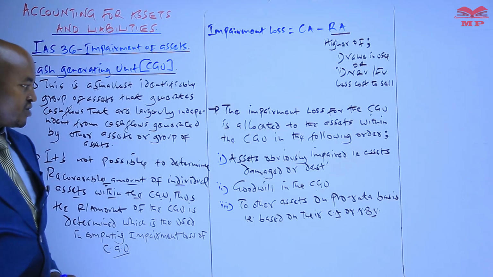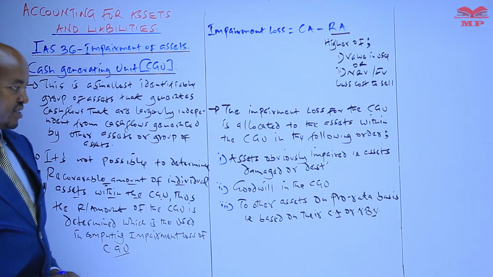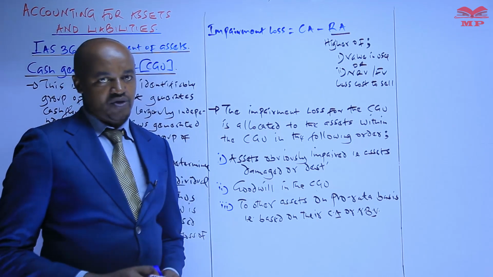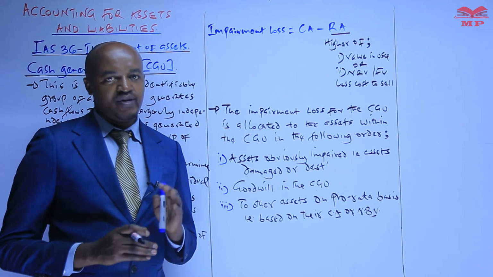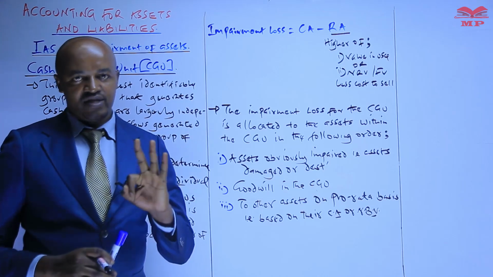It is also important to know that when allocating this impairment loss, the value of an asset should not be reduced below the higher of three values.